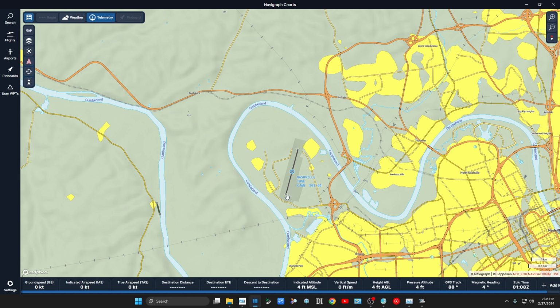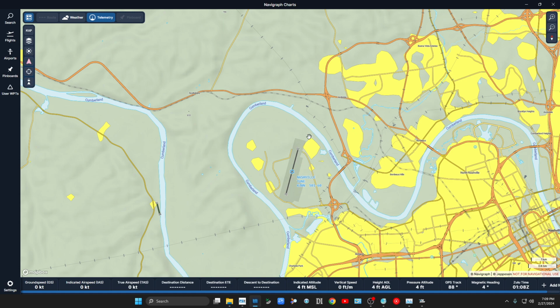So everything I've just told you about departing runway 2 and flying a left-hand or right-hand traffic pattern, so this would be right crosswind, right downwind, right base, and then final. This would be left crosswind, left downwind, left base, final. Everything's the same for runway 20.